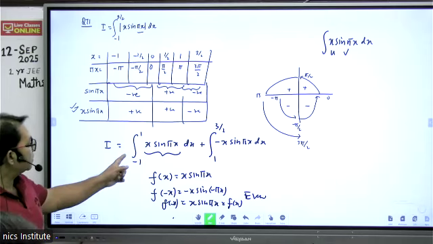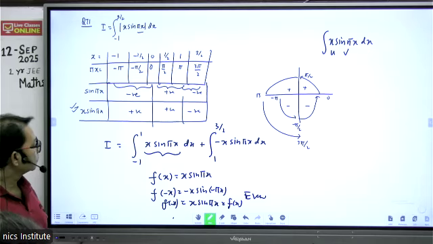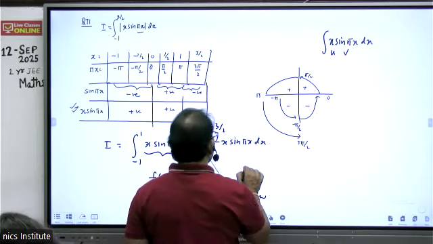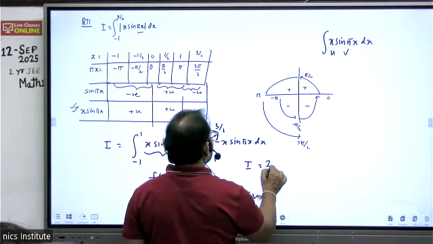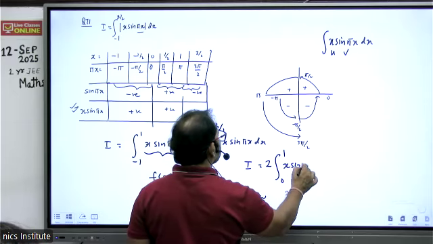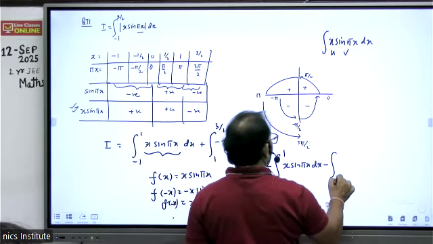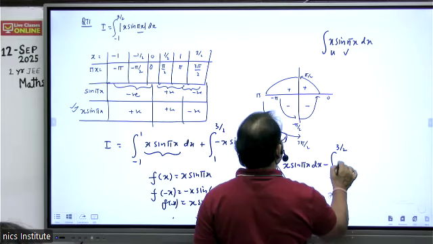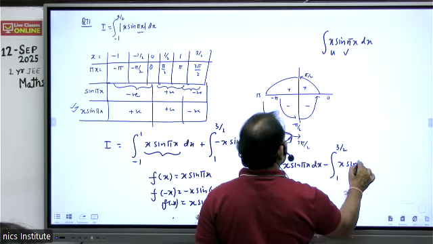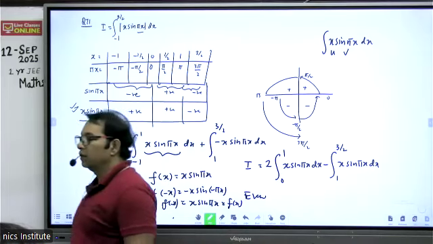So it will be 2 times 0 to 1. So the first integral will become 2 times 0 to 1 x sin pi x. Second part is 1 to 3 by 2. I've taken the negative sign out. Use integration by parts, put the limits and tell me the answer.